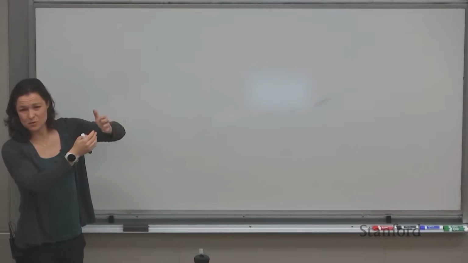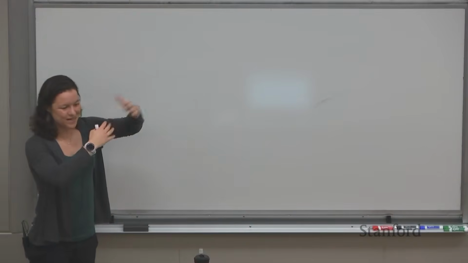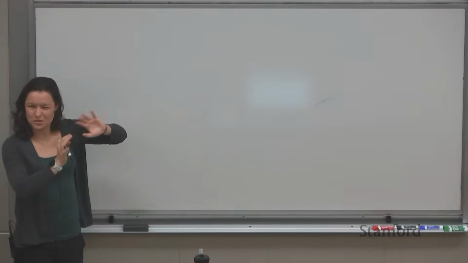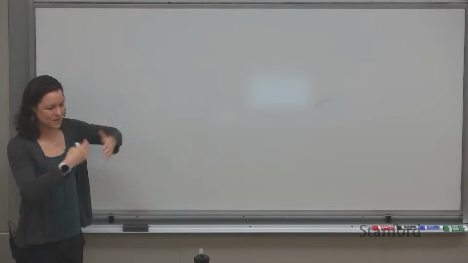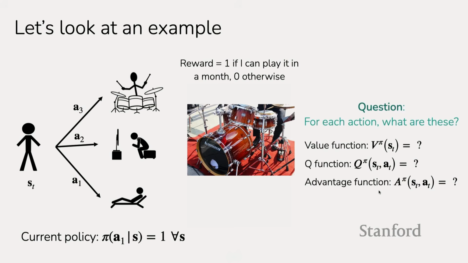It's also possible that it would be a bit lower than 1 if you, for example, practice for an hour and then sit on the beach by following the policy afterwards. It depends a little bit on how long a given time step is. And then the advantage function is going to be Q minus V. So it's going to be a positive number for the action of practicing, and it'll be 0 for the other 2 actions.